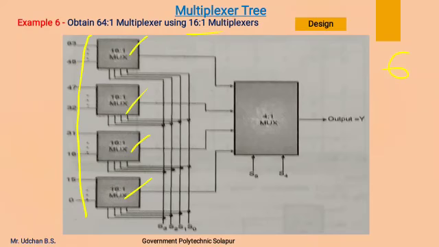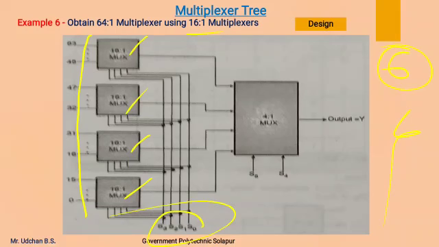Now each 16:1 multiplexer has 4 select lines which are connected together to form the S0, S1, S2, S3 select lines. Now out of 6 we have 4 select lines.